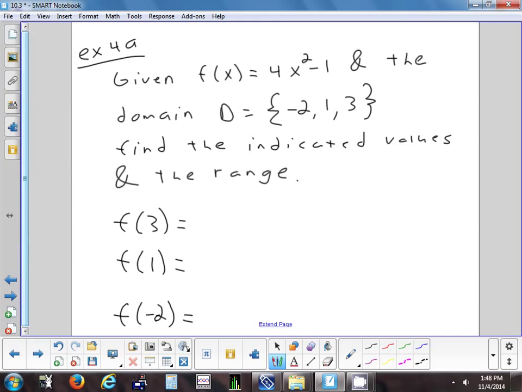Okay, so here's one I want you guys to try. It gives you a function. This time they're using f as its name. f of x equals 4x squared minus 1. So now you got to remember a little about PEMDAS. You got to remember what do you do first. But I want you to try to find those 3 values. You have this on your notes.